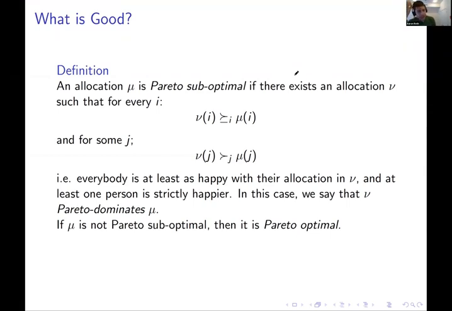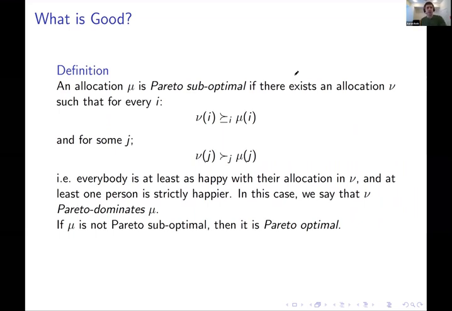Informally speaking, we will say that an allocation is bad, or Pareto suboptimal, if it is possible to make everybody happier. If it's possible to make everybody happier compared to the allocation I suggested, then my allocation is bad in the sense that there is nobody, not even one person, who prefers that allocation over some other one.